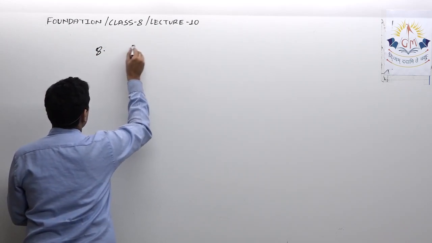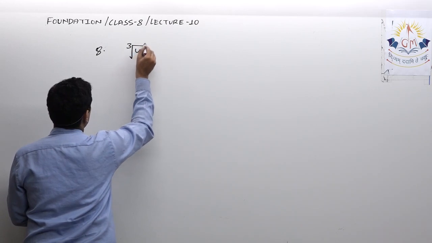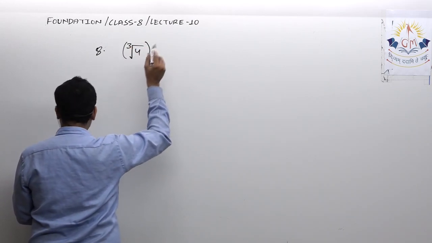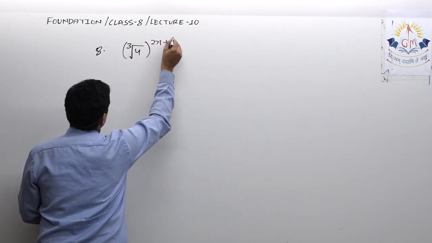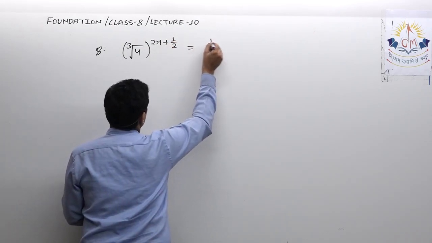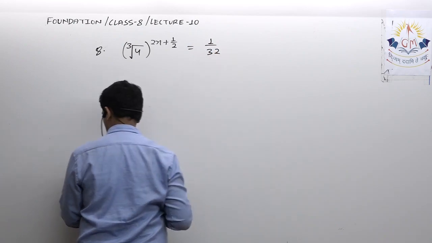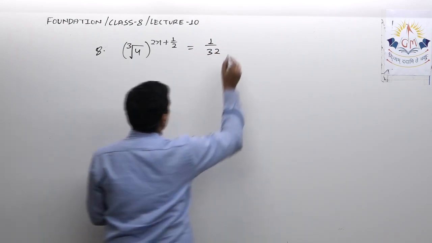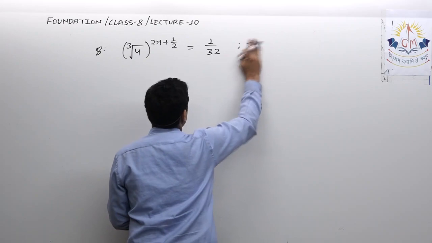Third root of 4 raised to 2x plus 1 by 2 is equal to 1 upon 32. Then find the value of x.